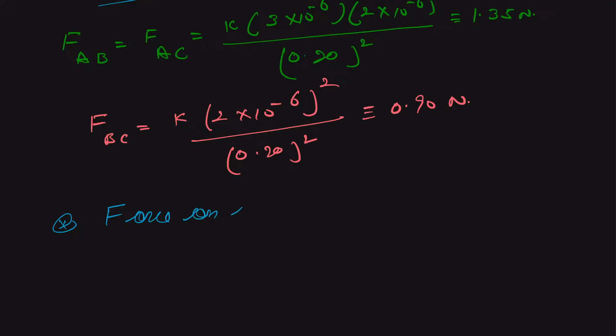Force on charge A, so this is our charge A, and somewhere here is our B, and this is our C, and B is going to apply a force, let us call this FB, and similarly there will be a force because of charge C at A, and the angle between these two forces will be equal to 60 degrees.